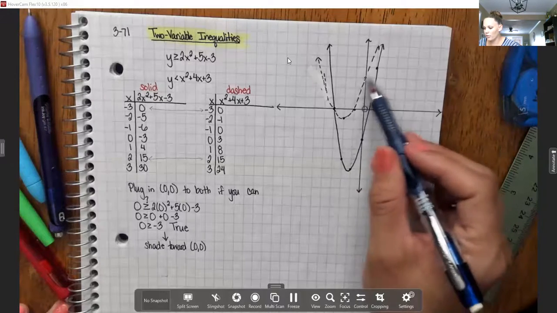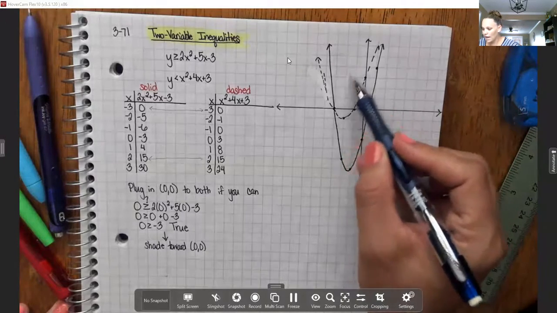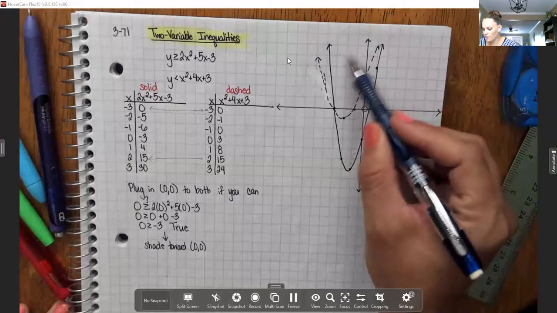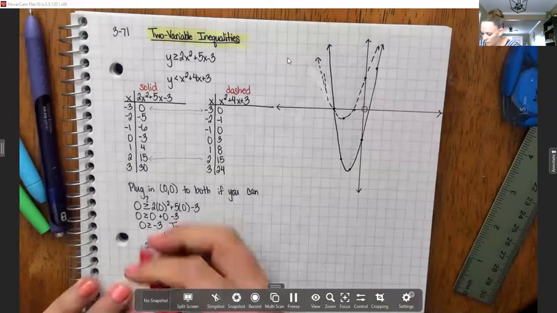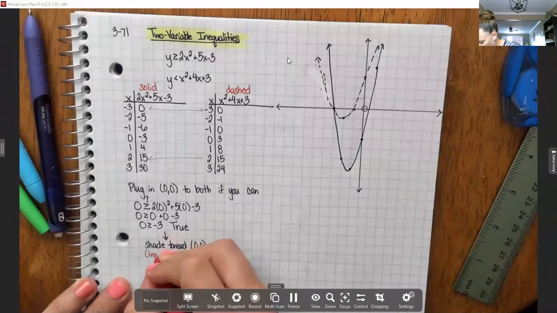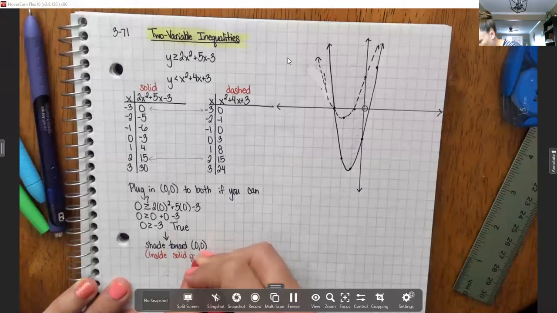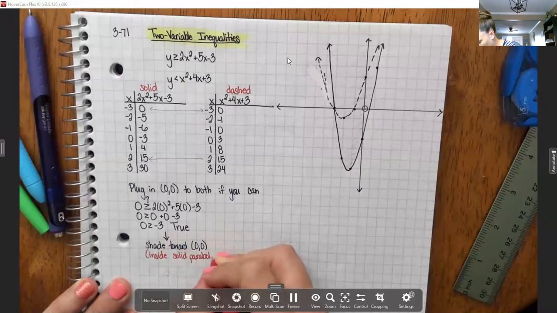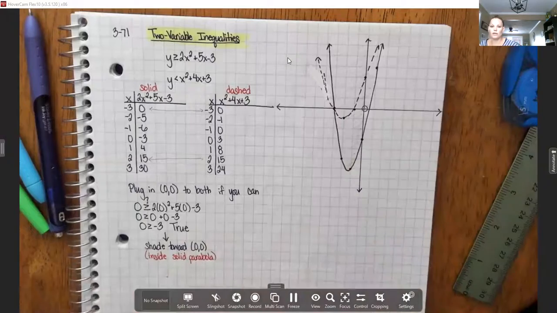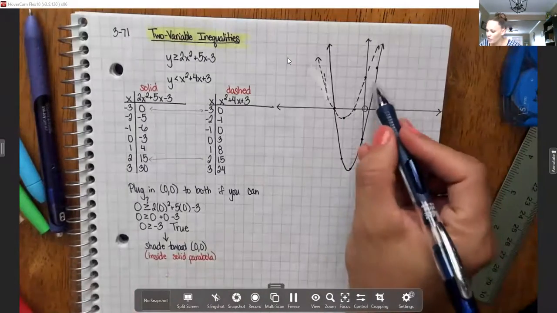Again, I should have got colored pencils out, but we're inside of the solid parabola. So you don't cross those solid lines. We can cross the dashed lines for this one.